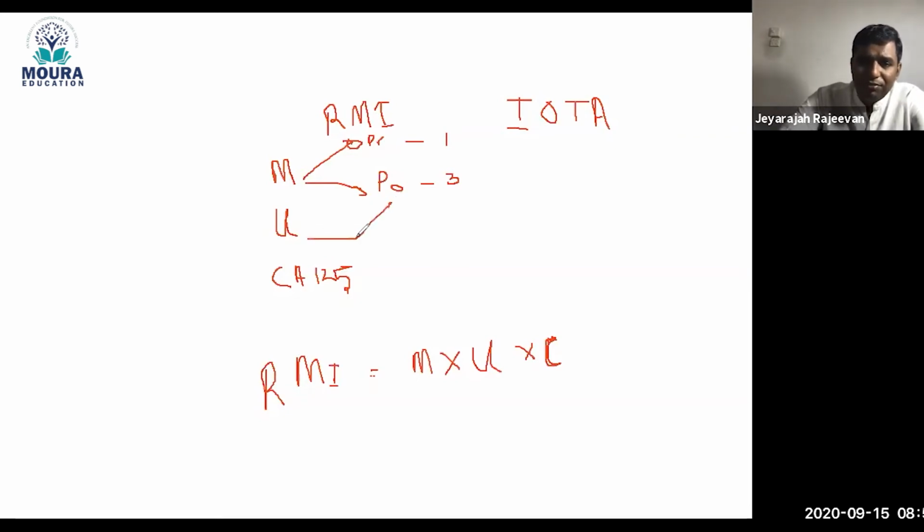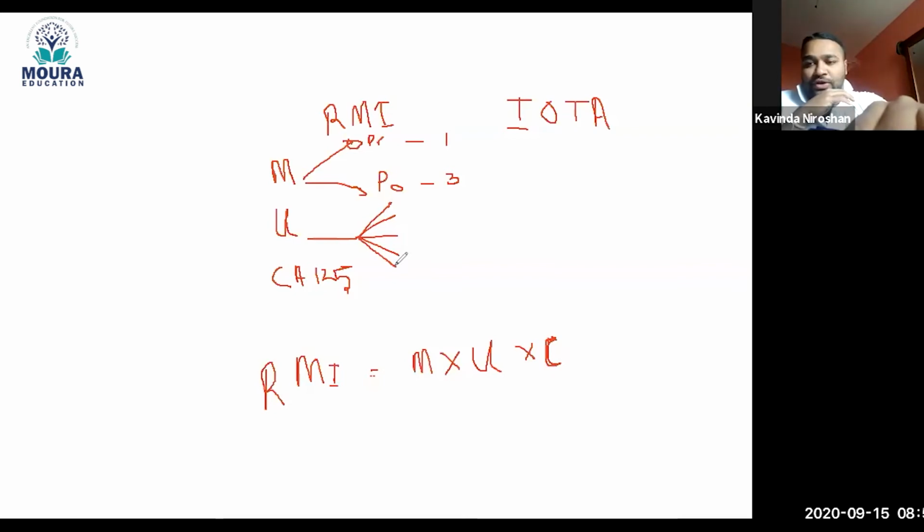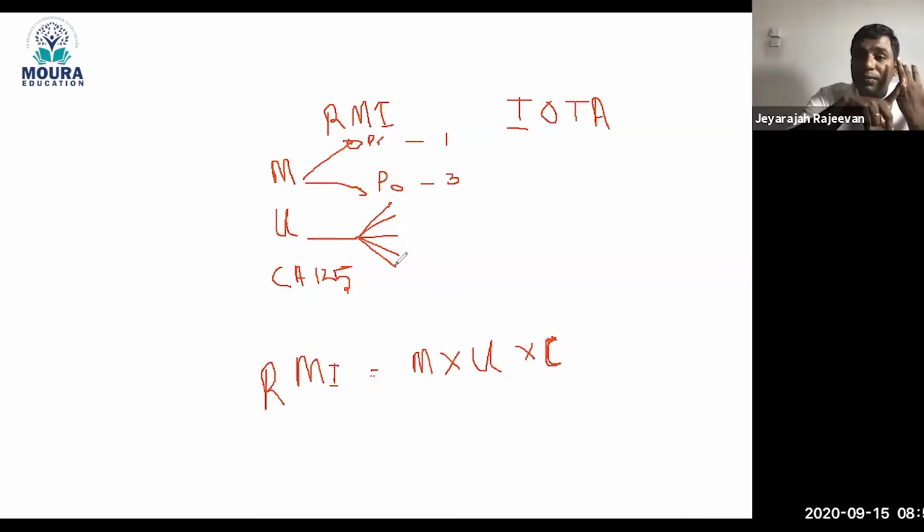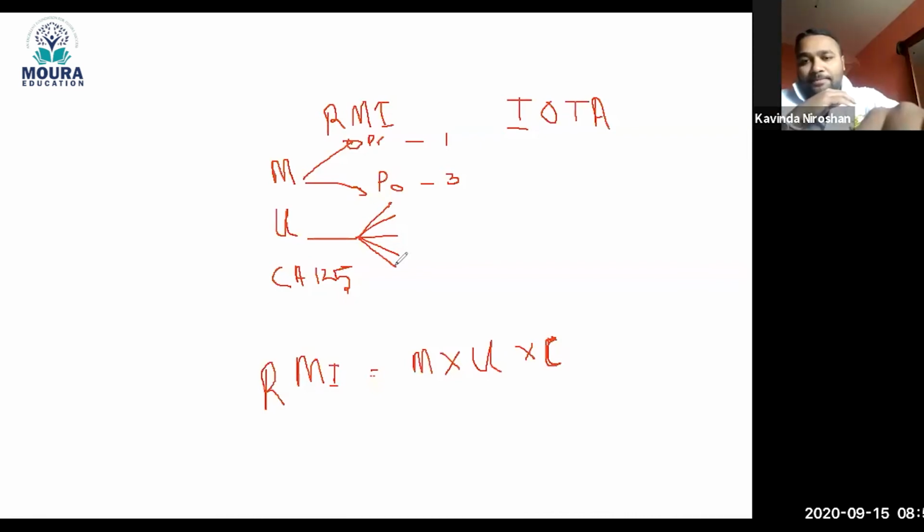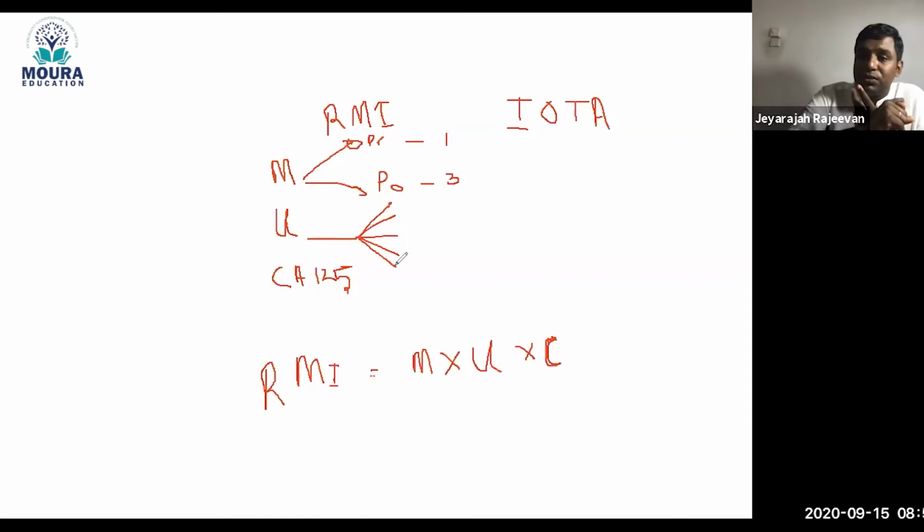There are 5 features in the ultrasonic features. What are those 5 features, Kavind? Bilateral, solid area, multilocular, free fluid, and features of secondary metastasis, liver mets or spleen mets.